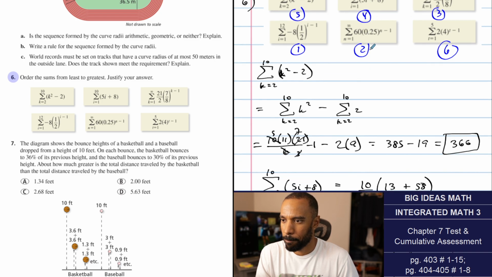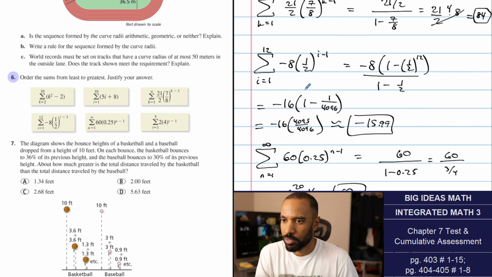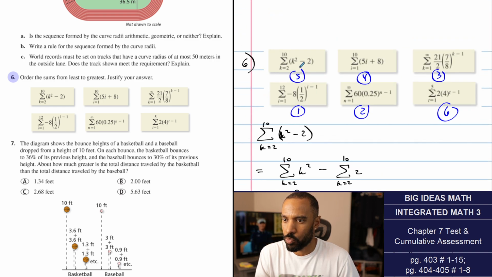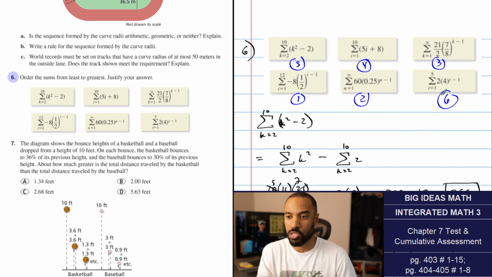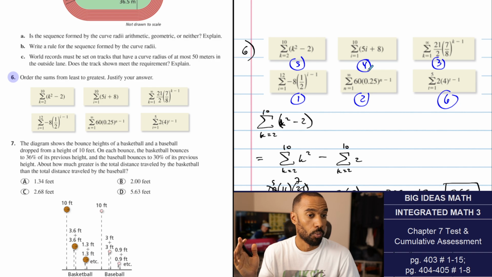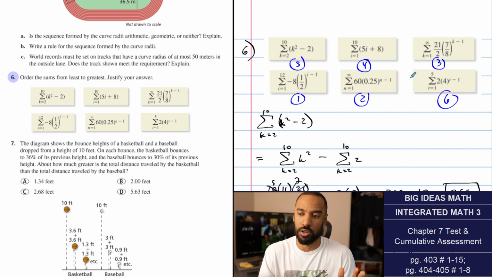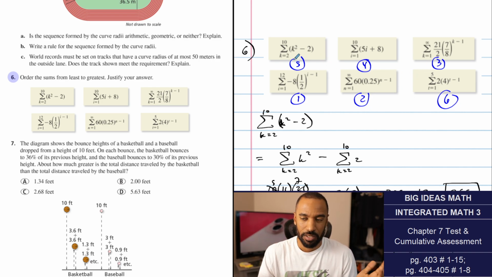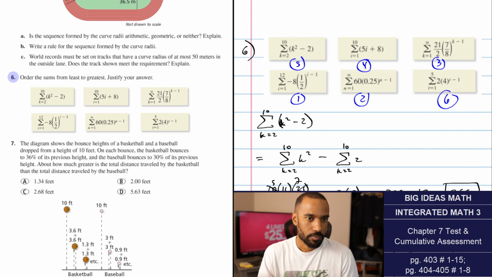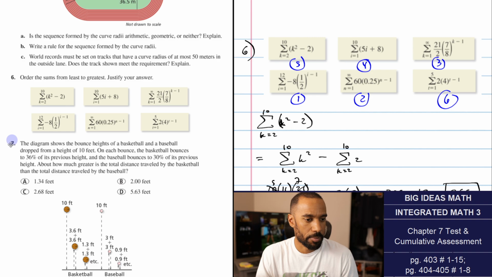Was it this guy? That was 355. This was 366, and that was okay. So this is the official answer order that I have right there. So what I predicted was right. I didn't know whether these would be it, and I screwed up calculating this one to begin with, actually, which sucked. Okay, number 7.